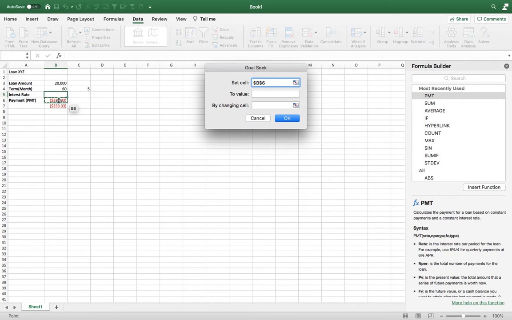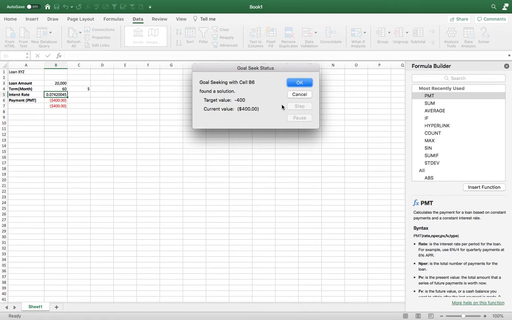So for the payment, we'll click on the payment PMT cell for set cell, and then for the value, remember what I was telling you earlier, you always have to make sure you put that negative, and then we're saying $400. So I can afford 400, and always make sure you put that negative in here. And what will be the interest rate? Click on the interest rate, because that's where we would like to see the percentage.